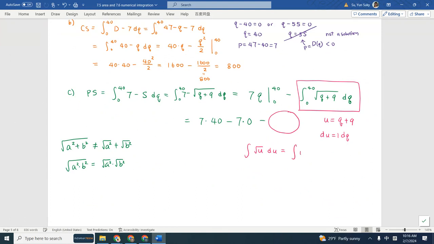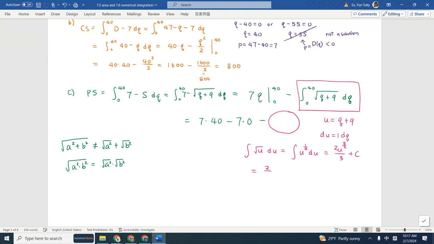So what is square root of u? U to the 1/2, right? And how do you integrate u to the 1/2? U to the 3/2 over 3/2. But what do you do to the 2? Move it upstairs, it becomes 2/3, plus c.